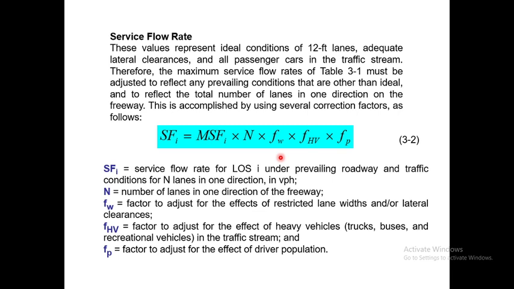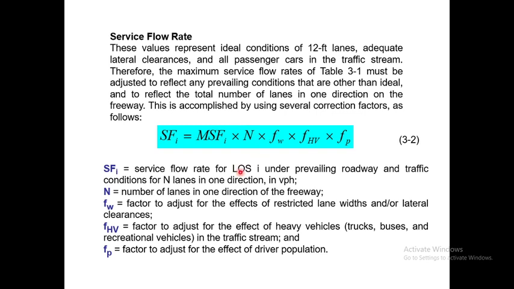For example, in some problem, the given data is that the number of lanes for each direction is 2. So n is the number of lanes for each direction. Remember, for each direction. For example, maybe we give you some tricky data, like we say a 6-lane highway.